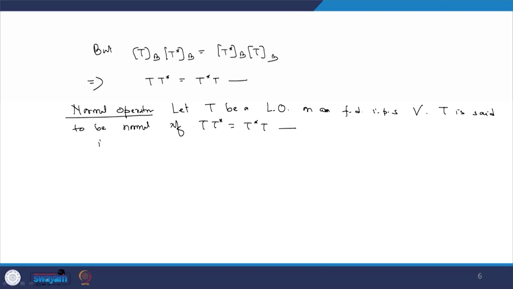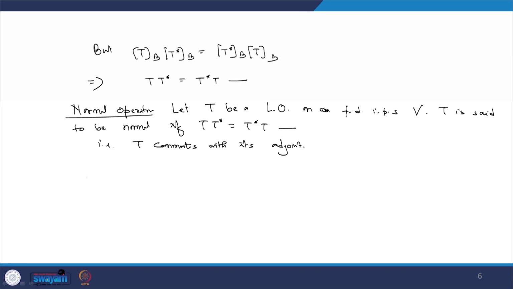So based on that I am defining here that a linear operator T on a finite dimensional inner product space will be normal if T and its adjoint commute with each other. That is, T commutes with its adjoint.